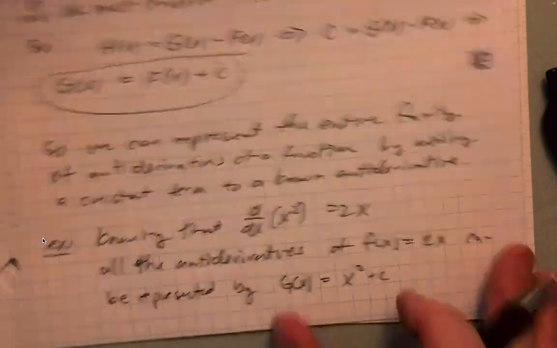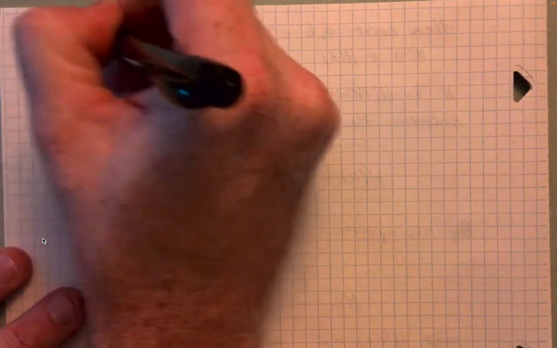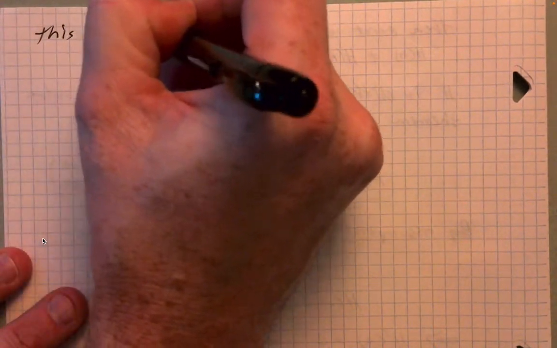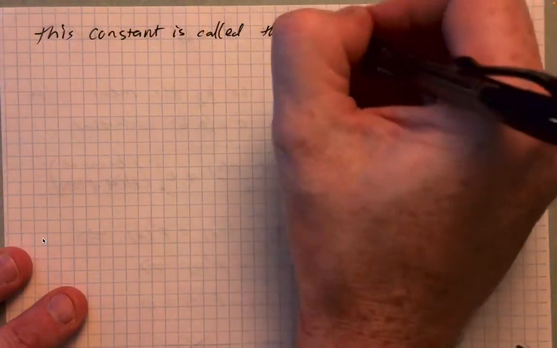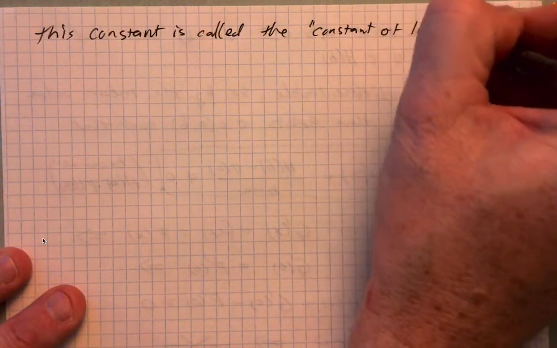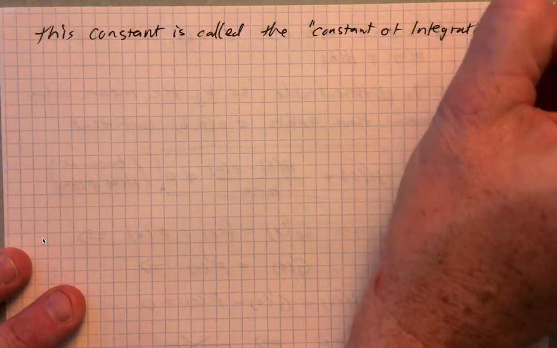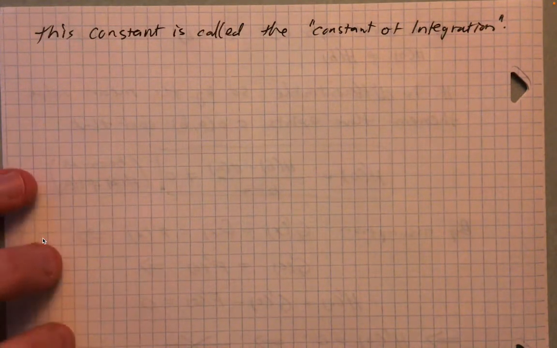All right, so this constant has a name, and it's called the constant of integration. Okay. All right. So some terminology here.